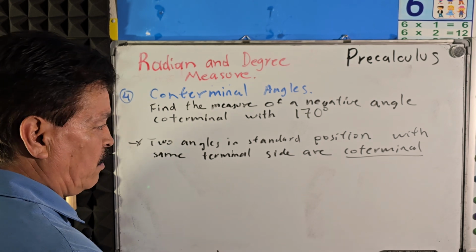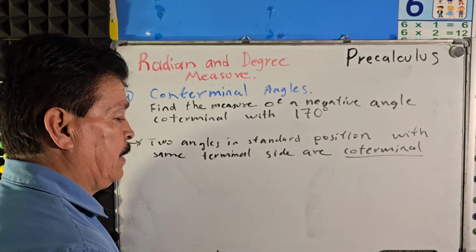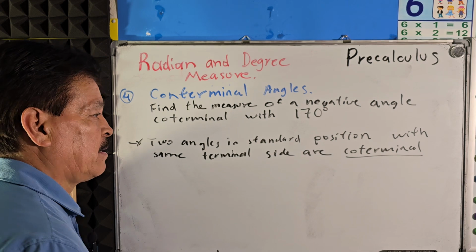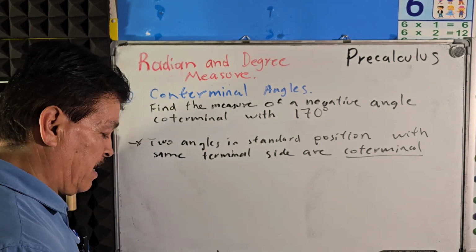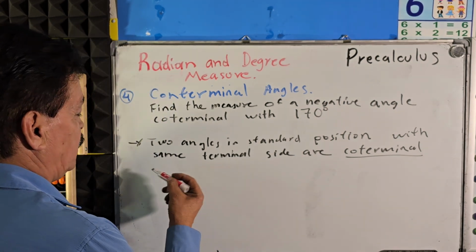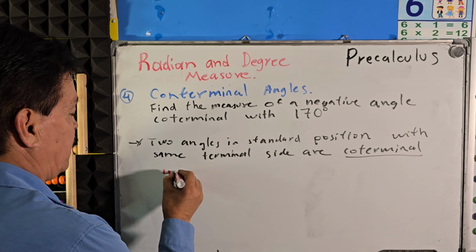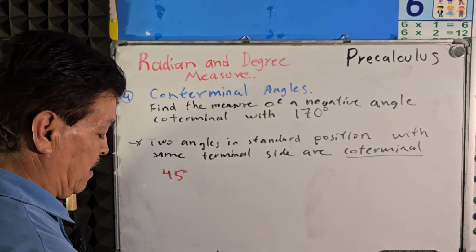So if two angles, let me write, I think it's the way to understand better. You have 45. Let me write 45 degrees here. It's better to give an example.